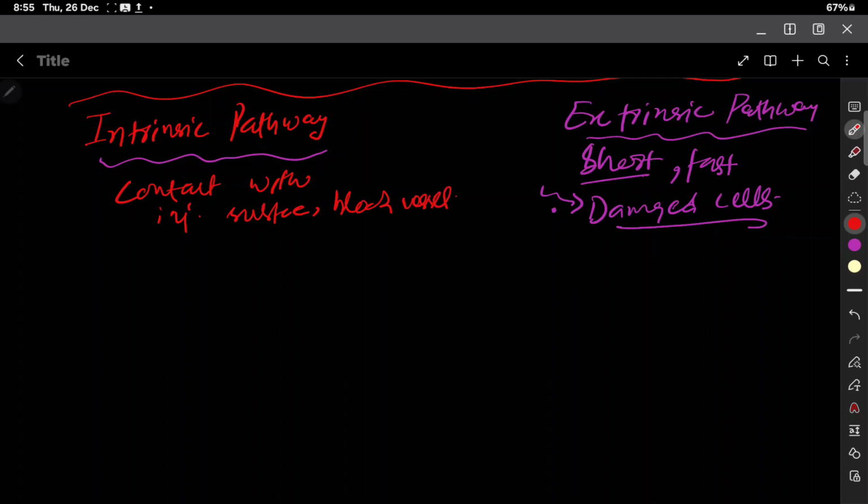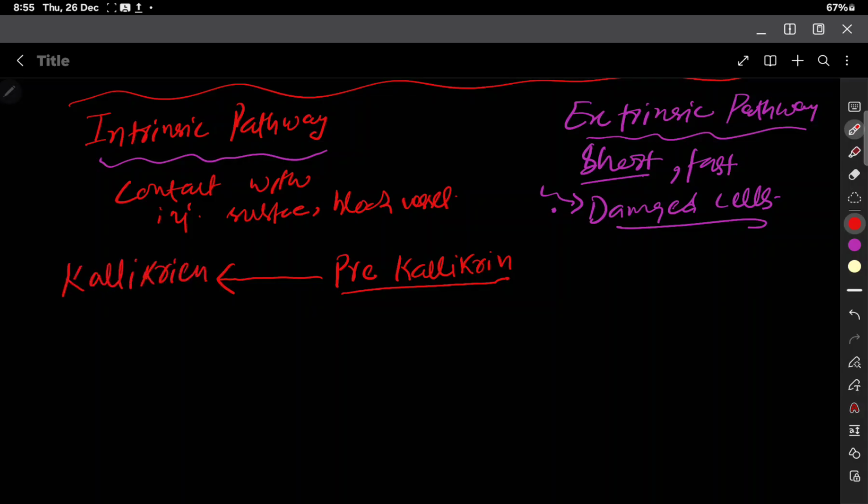In blood there is an enzyme, prekallikrein. When there is any injury, this prekallikrein will be converted into kallikrein. So this was the inactivated form, this is the activated form.